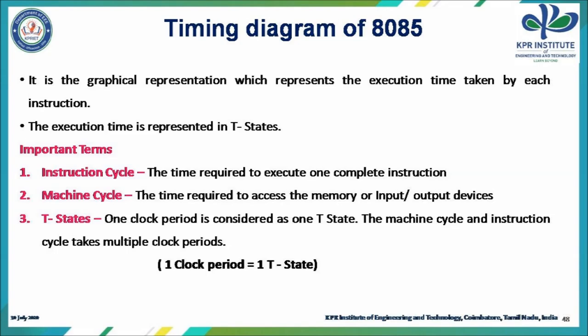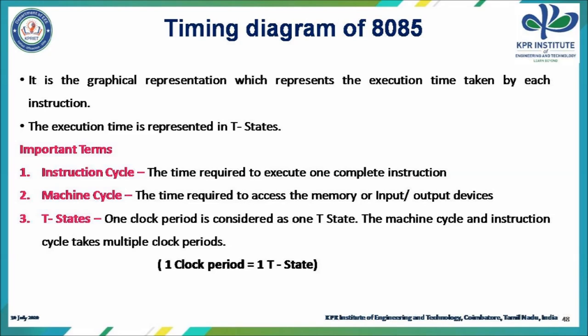Some of the terms to be remembered to draw the timing diagram of 8085 are instruction cycle, machine cycle and T states. Instruction cycle is the total time required to execute a complete instruction. Machine cycle is the time required to access the memory or the input-output devices.